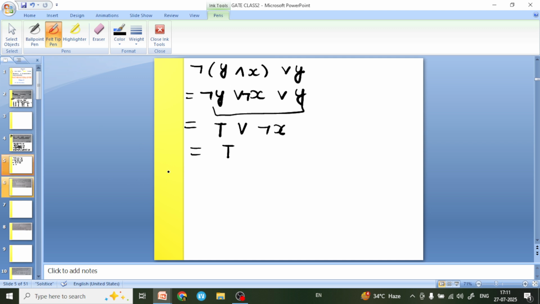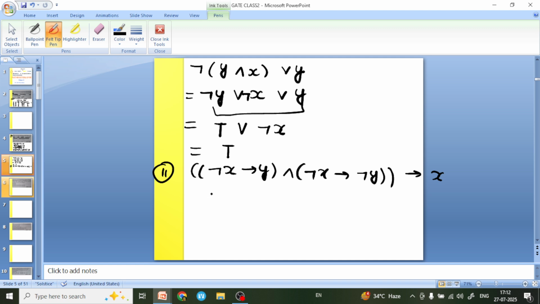Now we have to prove the second part. This is given: not x implies y, and not x implies not y, implies x. First of all, you have to take not of the whole value like this, or x.